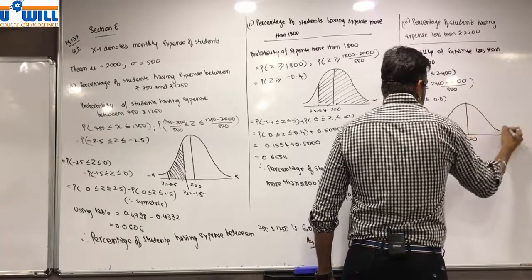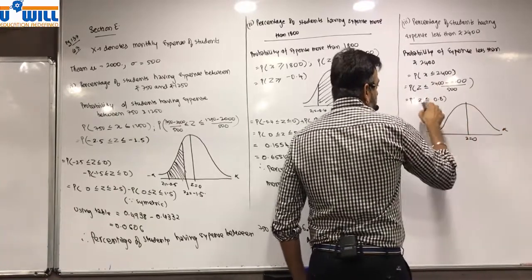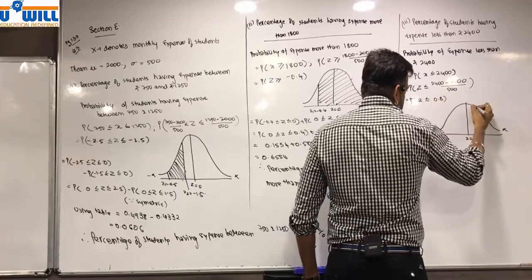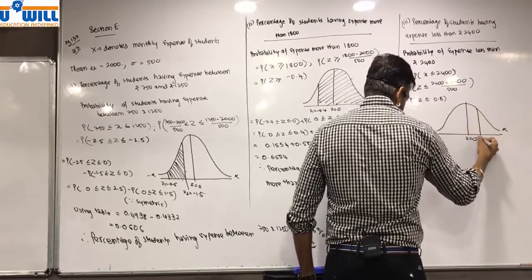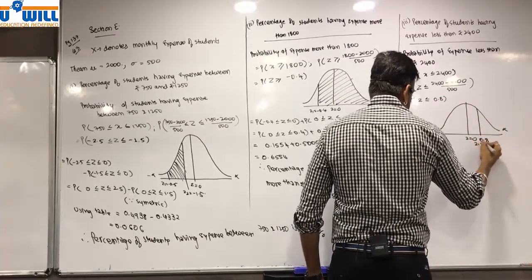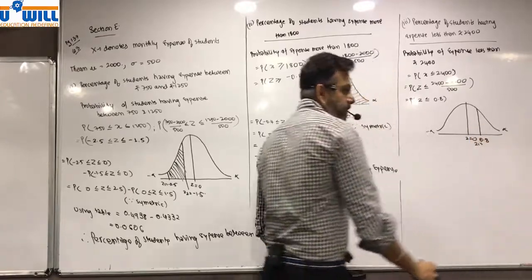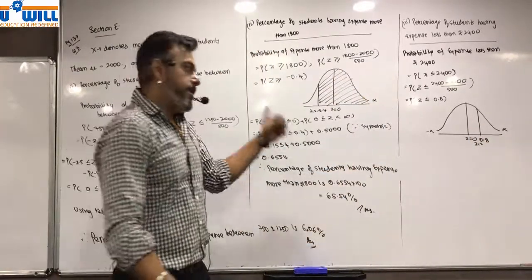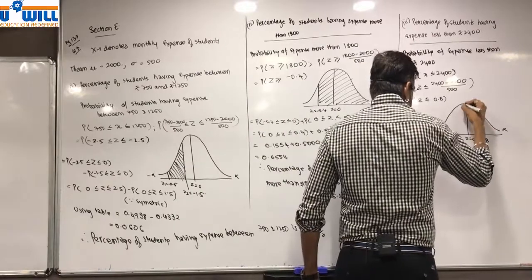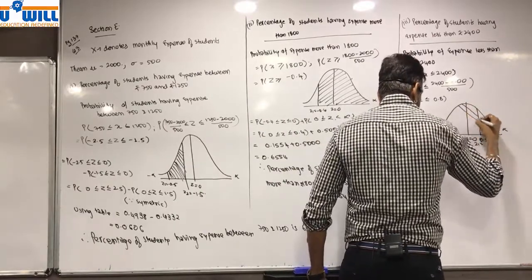Z is equal to 0, minus infinity to infinity, 0.8 is positive so right hand side, Z1 is equal to 0.8. Now which side will do the shading? Left hand side. Very good. Complete?